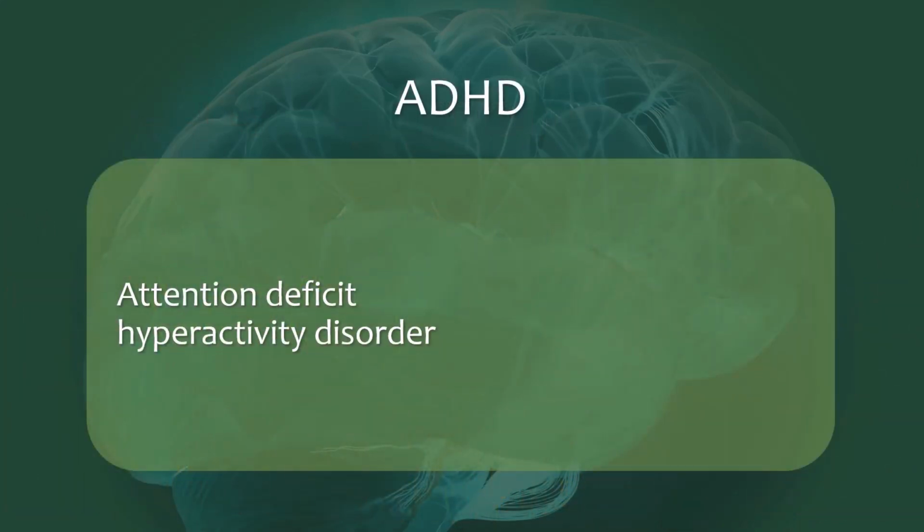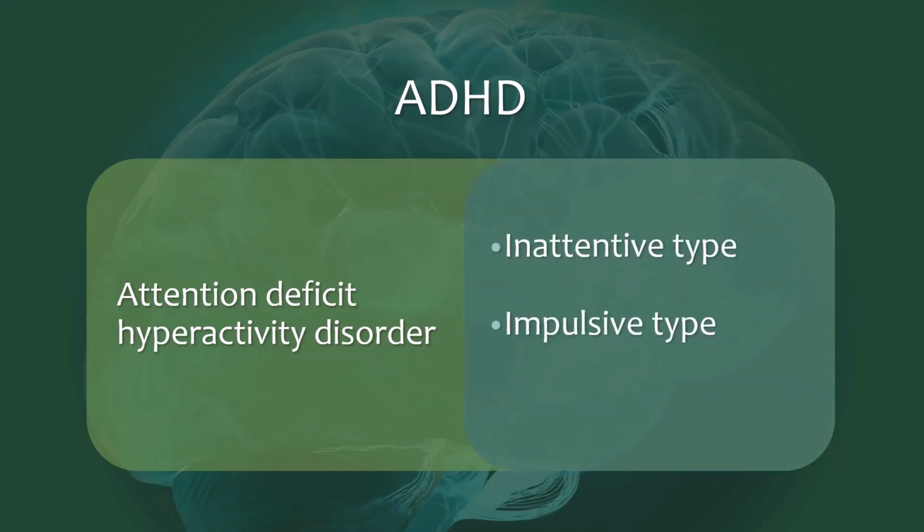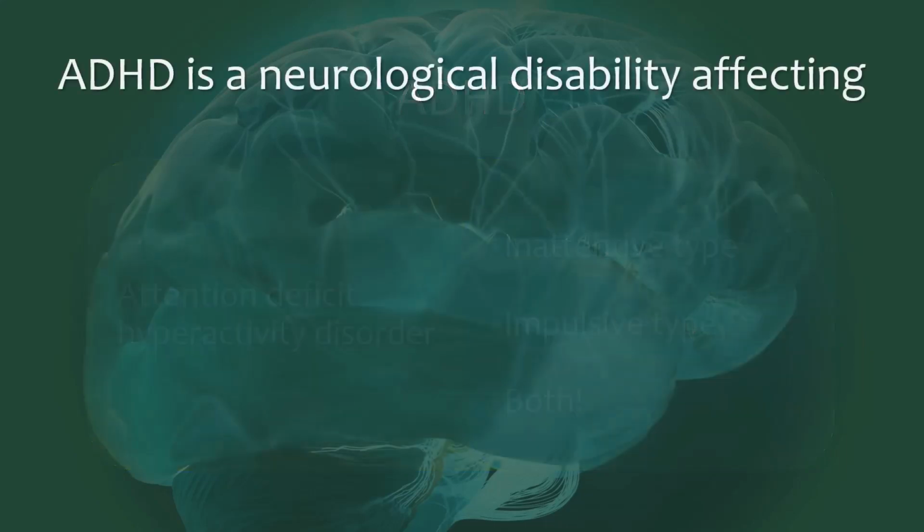Turning our attention to ADHD, also known as Attention Deficit Hyperactivity Disorder, the DSM classifies two kinds, the inattentive type and the impulsive type, and some lucky individuals have both.